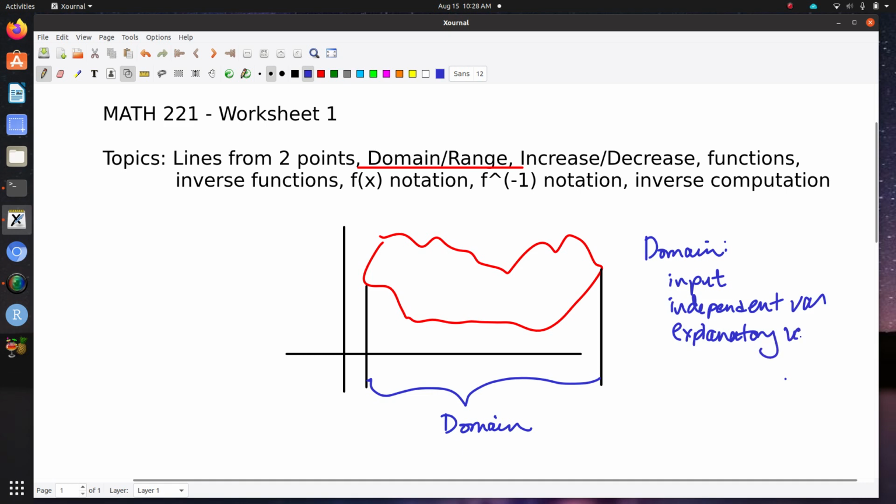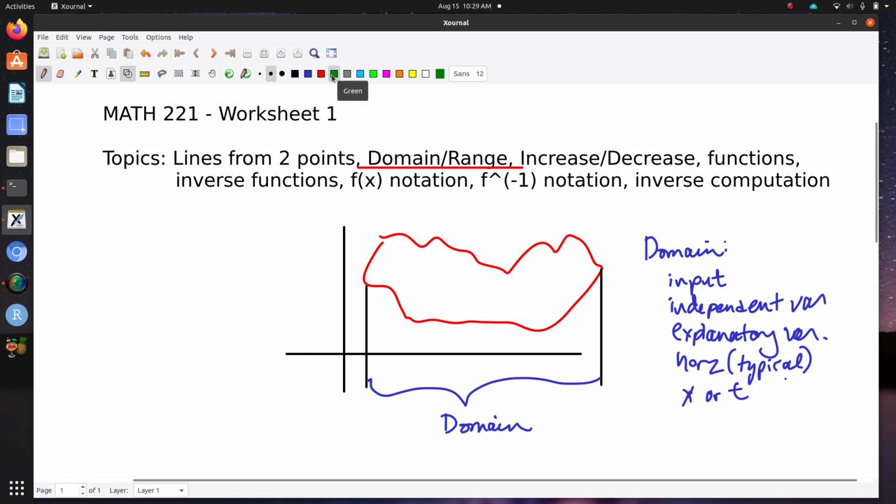And in graphing it, we usually put it on the horizontal. That's not necessary, but that's typical. And when all other things are equal, we usually call it x or t. So a lot of students will say, oh, the x variable, but what they really mean is the independent variable.